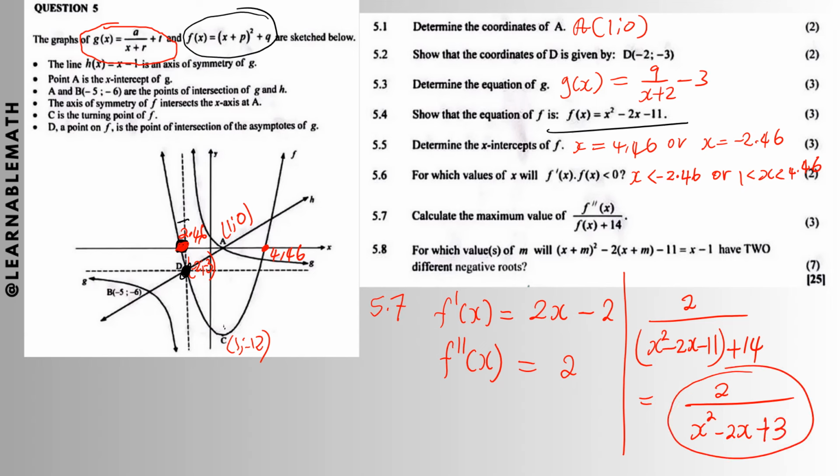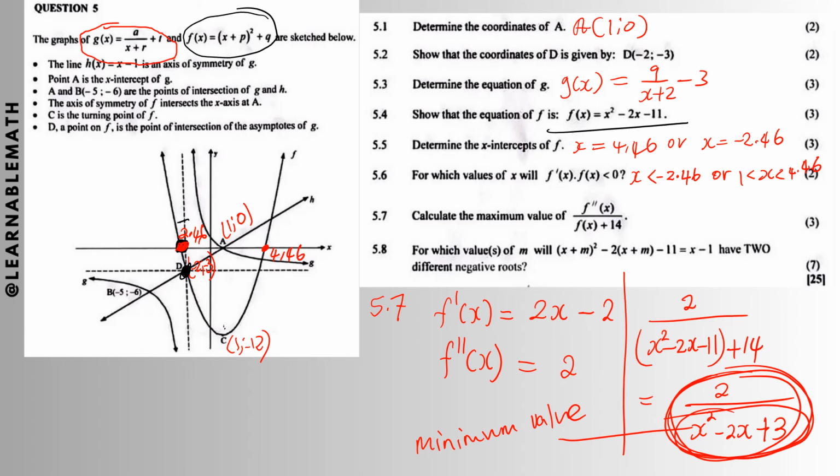So the question says, what is the maximum value of this? This is kind of a reverse question where they are looking for a maximum value. Because it's a fraction, for a fraction to be large, we have to be dividing by the smallest value. So we need to know the minimum value of the denominator.